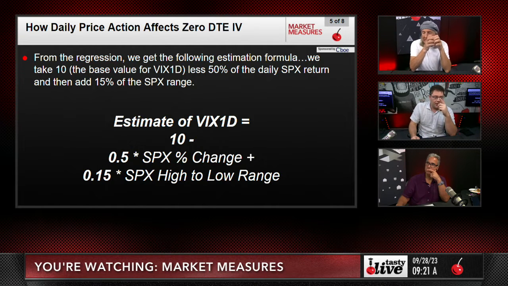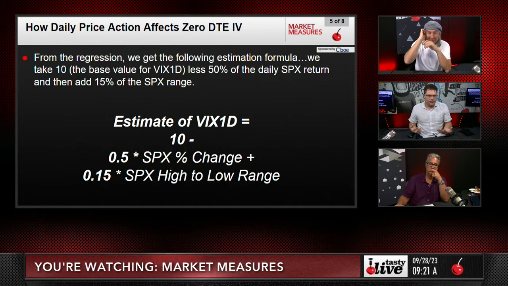This makes sense because a lot of these 1-day or 0-day options are priced based on the expected range up or down. It doesn't really matter if the market makes a big down move or an up move because they expire tomorrow anyway, right?